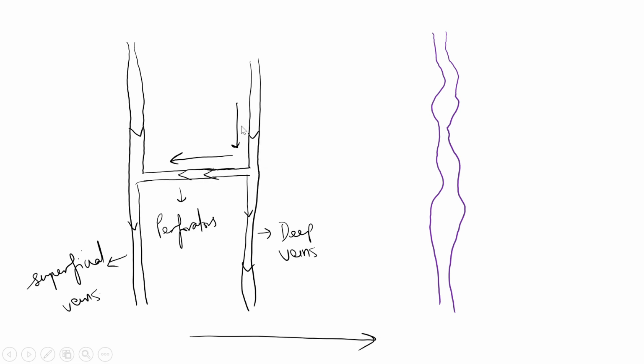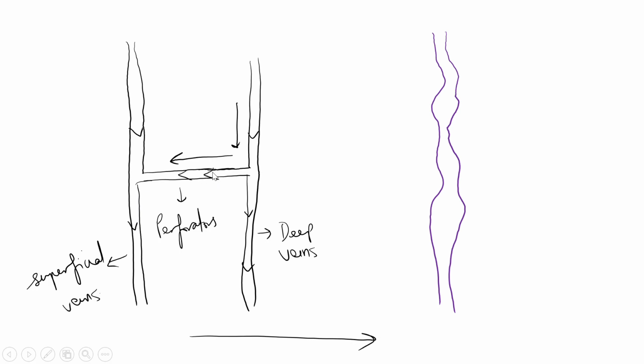For some reason, if the valves are incompetent in the deep veins or the perforator veins, this blood under great pressure, instead of going up, enters the perforator veins, and because of this these veins can get further damaged. If these walls are damaged, then this high pressure blood reaches the superficial veins. This is called a high pressure leak.